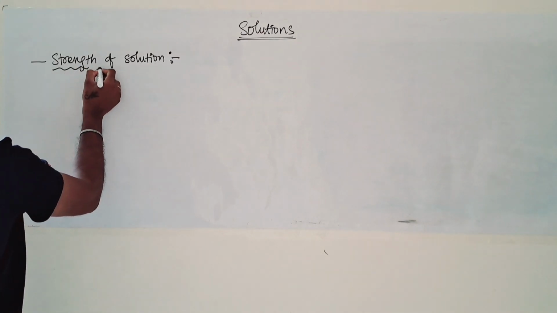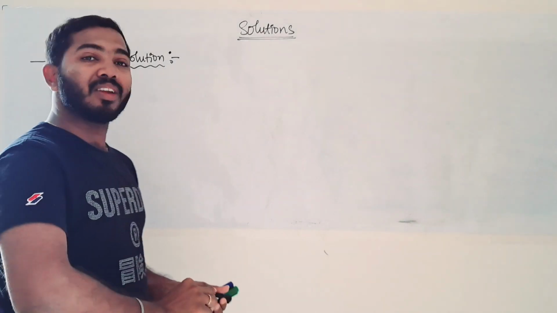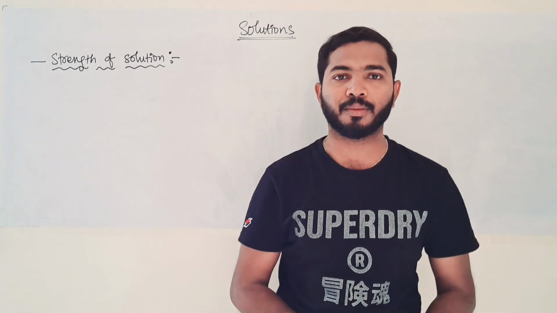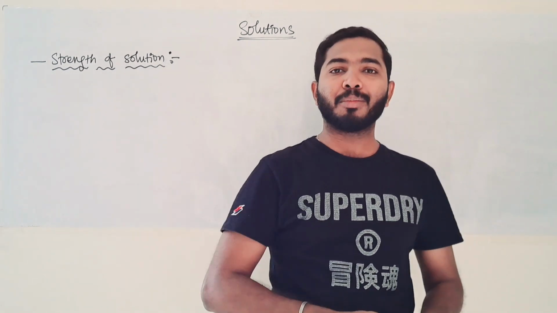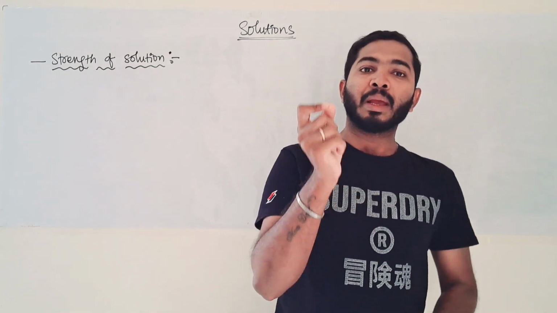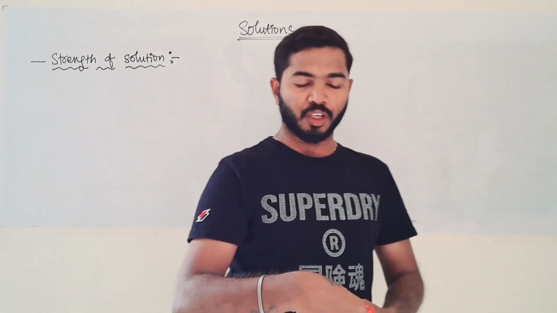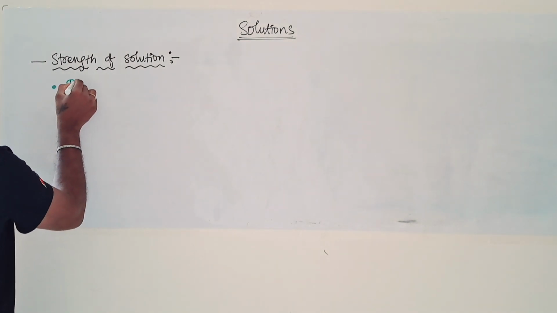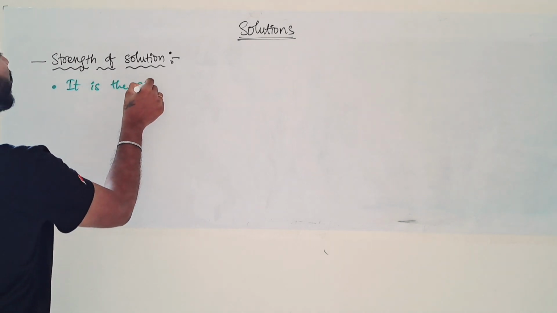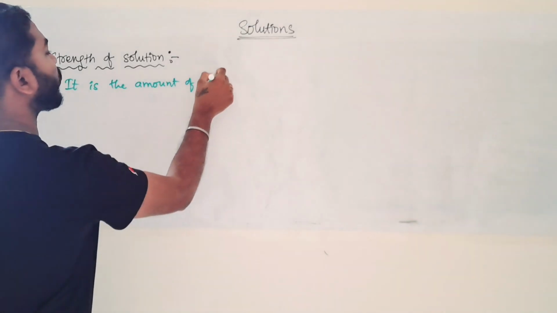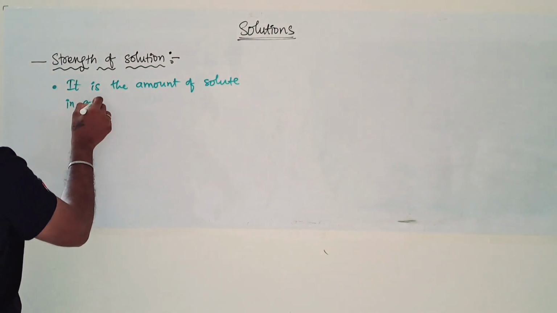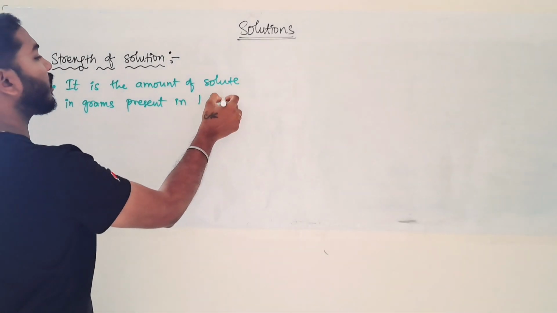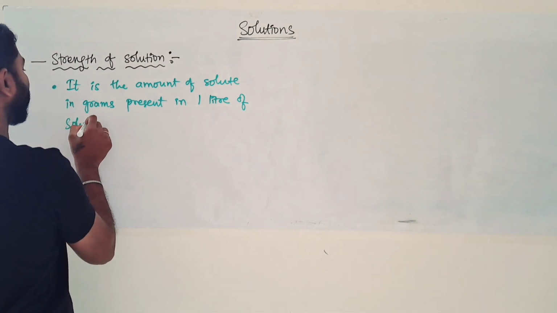Generally we define the strength of solution with respect to the amount of solute in grams present in 1 liter of solution. So the strength of solution can be defined as the amount of solute in grams present in 1 liter of solution. Let me write that down.